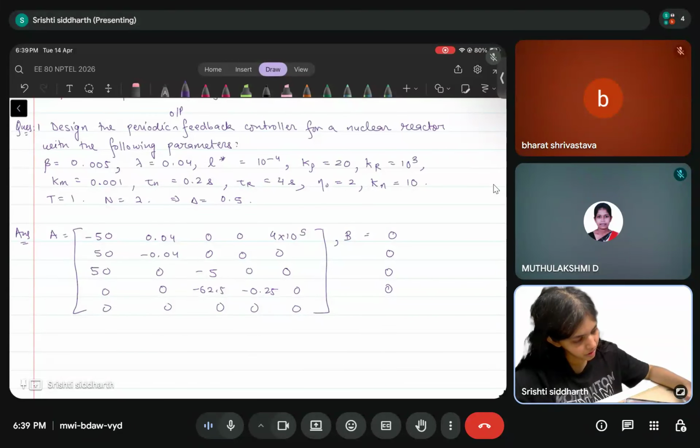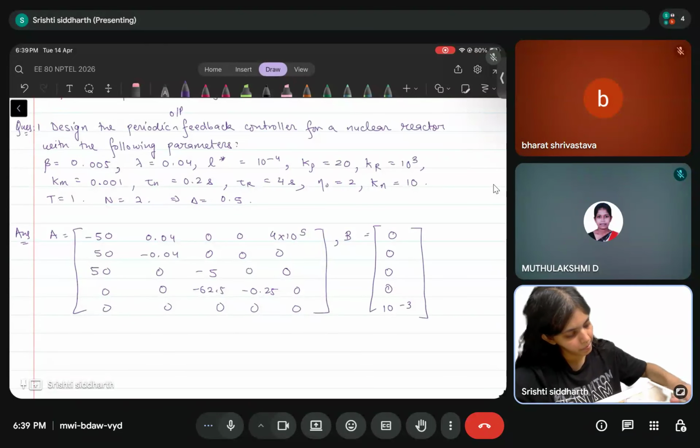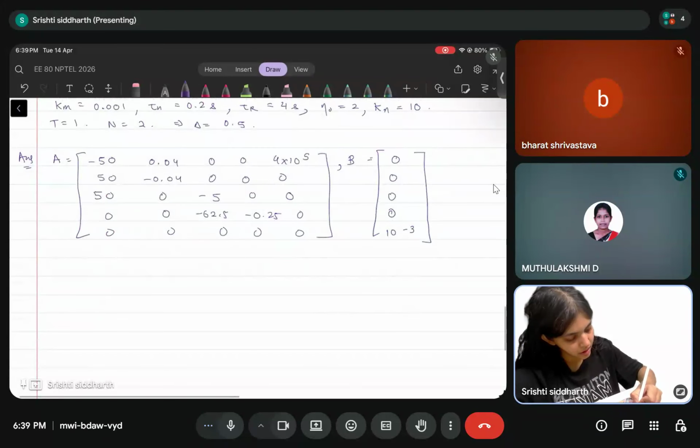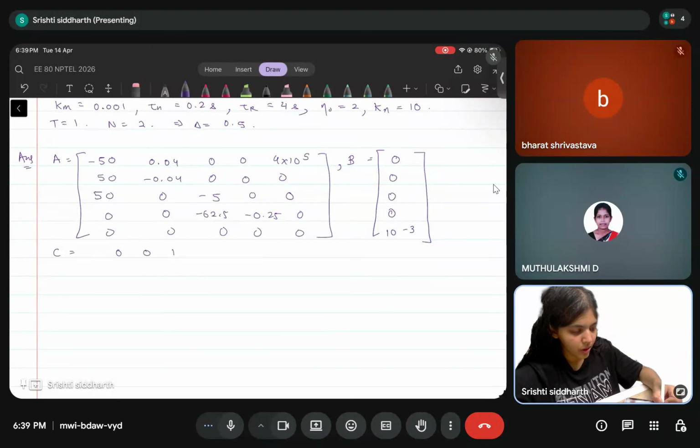Kn is 10 to the power minus 3. C: the first output is the third state, so it is 0, 0, 1, 0, 0. Then we have 0, 0, 2, 50, 1, 0.